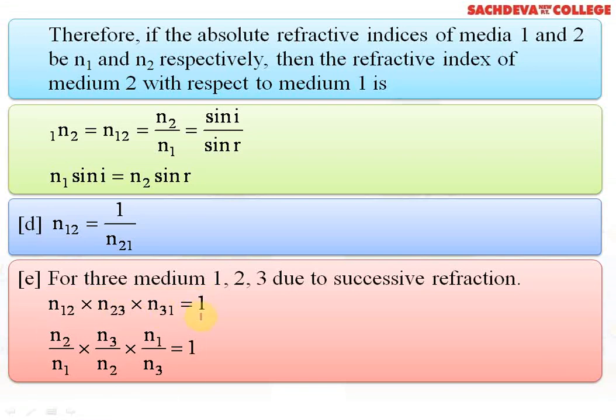So we can write N2 over N1 multiplied by N3 over N2 multiplied by N1 over N3, and all of them will be equal to 1. So N2 will cancel off, N1 will cancel off, N3 will cancel off. So N12 can be written as N2 by N1. Similarly, N23 can be written as N3 by N2, and N31 can be written as N1 over N3.